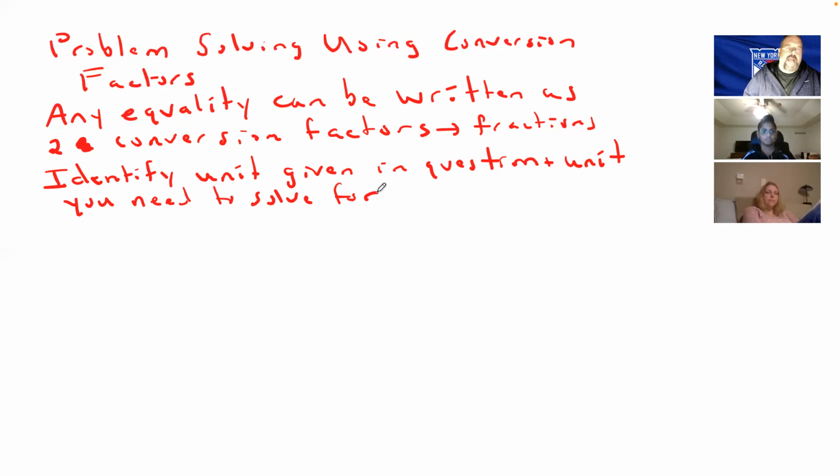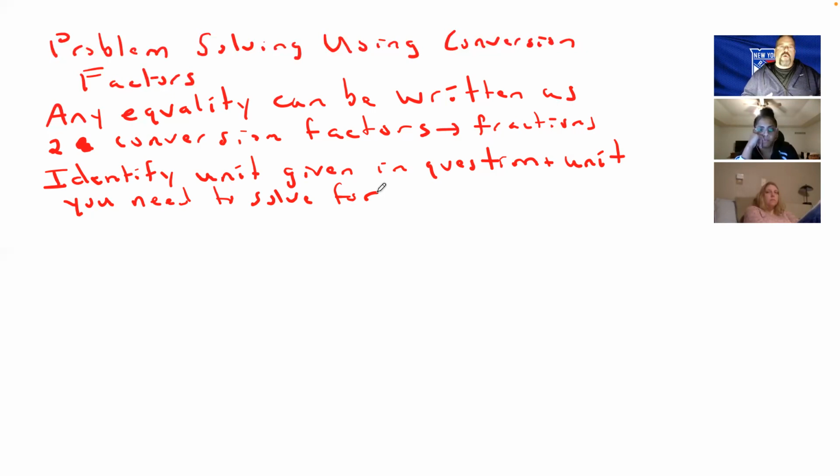What should happen as you go along is that units should cancel out. And at the end of the day, the only unit that you should have left is the unit you need to solve for. Most of the time, the problems you'll have to solve really involve only using one equality. But as you saw in some of the problems, if you have to go from something like kilograms to milligrams, my suggestion would be to use two equalities.